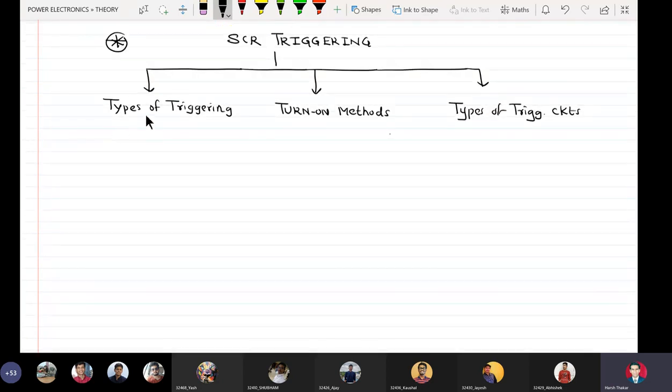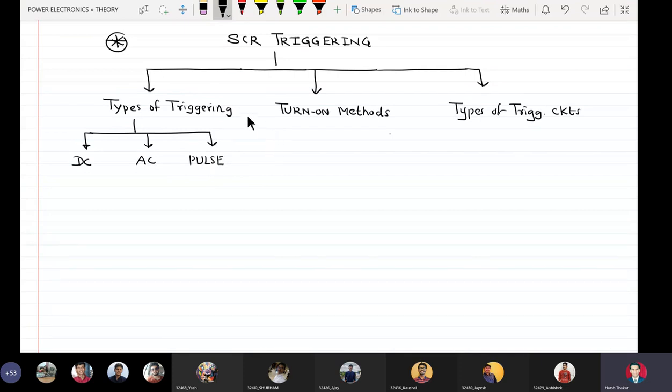So types of triggering we already have discussed. Three types: DC triggering, AC triggering, and pulse triggering.